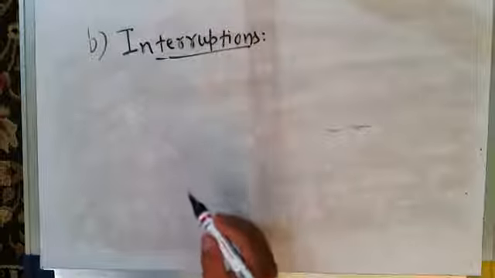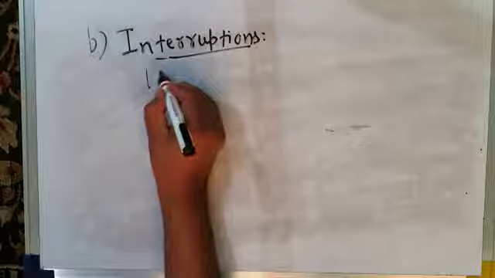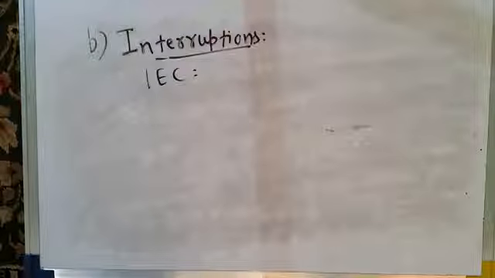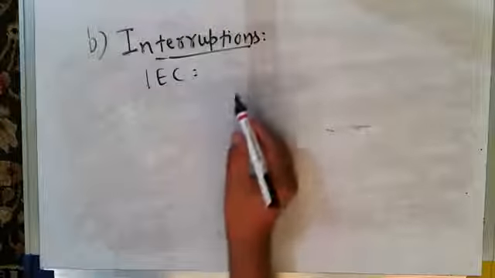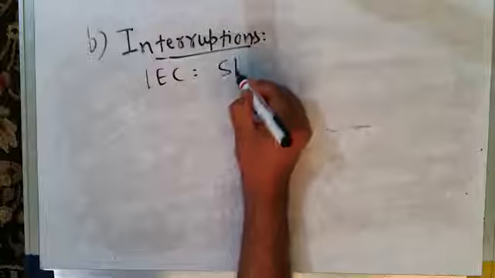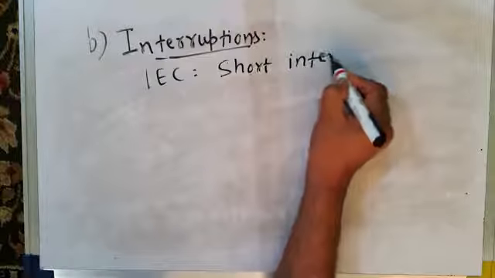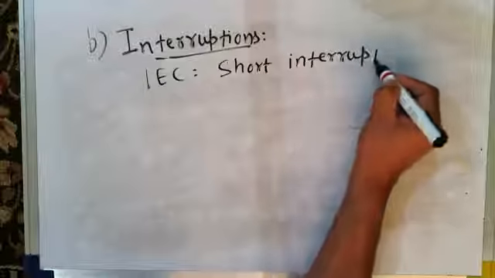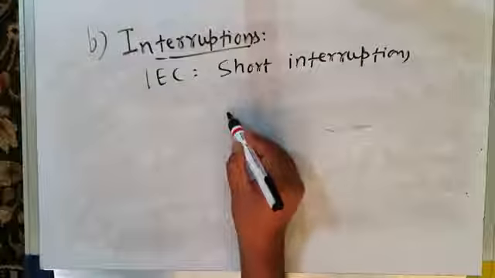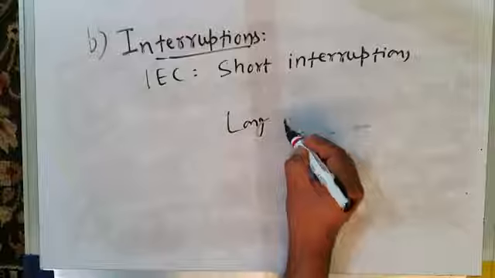Now, interruptions are classified differently by IEC and IEEE. According to IEC, the International Electrotechnical Commission, interruptions are classified as short interruptions and long interruptions.